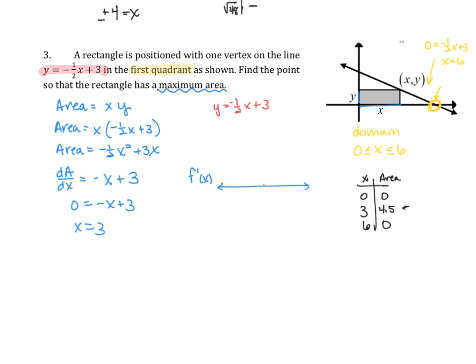And we could have seen that our max would have occurred at 3 if I considered what happened before, like say plug in 1. If I plug in 1 to my derivative, I get a positive number, so that means my original function's increasing. If I plug in 4, I get a negative number, which means my original function is decreasing, which means this has to be the maximum.